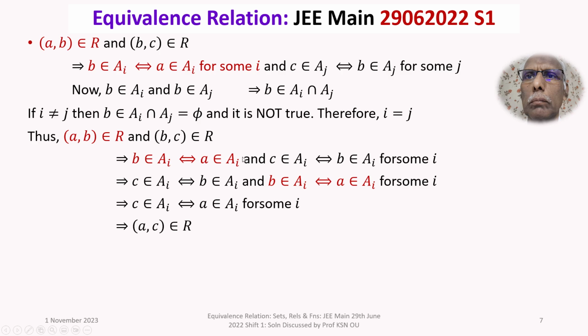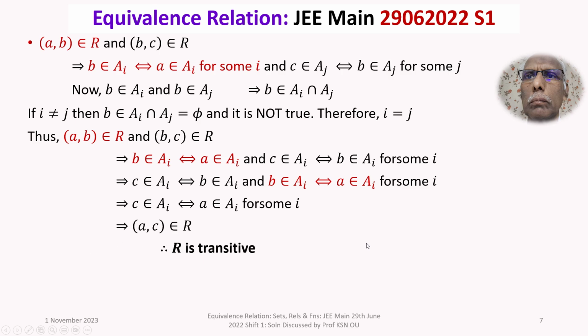Agreed. So that means whenever (A, B) belongs to R and (B, C) belongs to R, then (A, C) also belongs to R. This is precisely the transitive nature of the relation R.